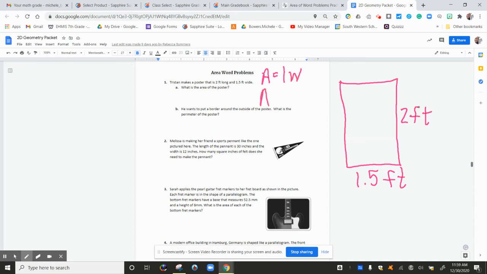Then I substitute: 2 feet times 1.5 feet, and when I multiply those, I get 3 feet squared, because area is the number of squares.